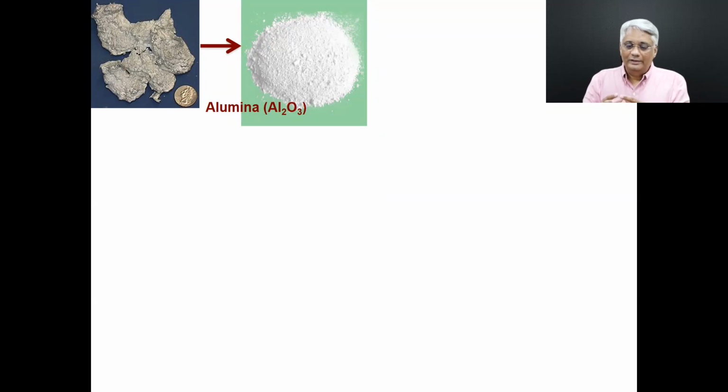A compound which is blackish in color, you can expect it to be conducting, but not a white compound like this. Zinc oxide also. The moment you see this, you should realize that it must be an insulator or a material with a wide band gap, about 3 electron volts.